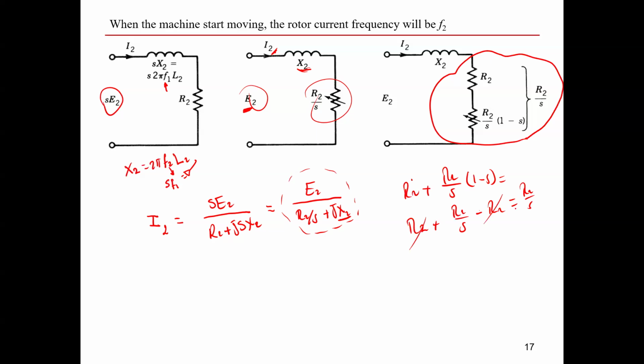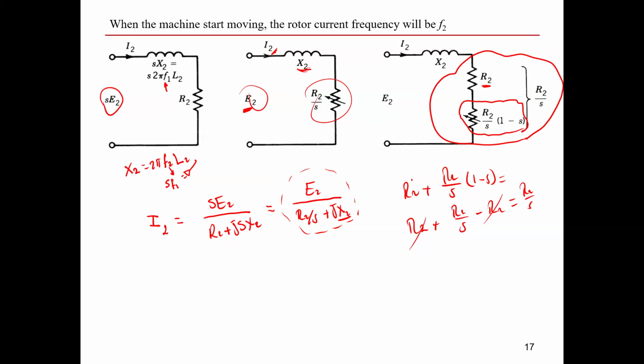So we can say R2 divided by S equals two series resistances. The physical resistance of the machine, which is R2, the physical resistance of the rotor windings, and another resistance that comes because of the operation. So this resistance, guys, is not a physical resistance, but it just came due to the operation of the machine.